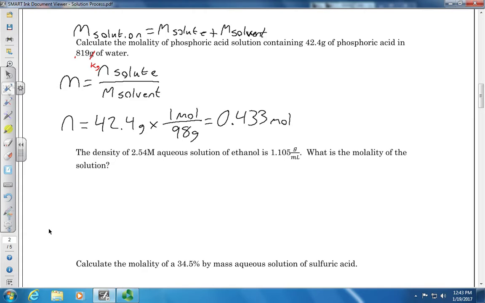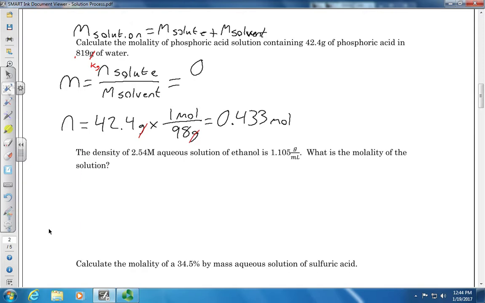And then, if you want to cross out your units, that's fine. And then it's just a matter of plugging in what we have calculated, our moles and our mass of solvent, into the molality equation.